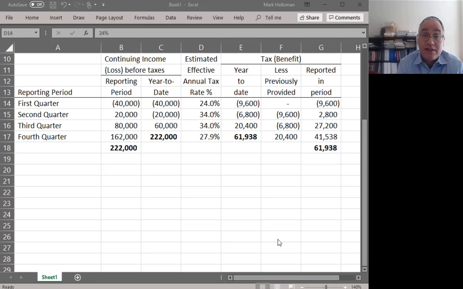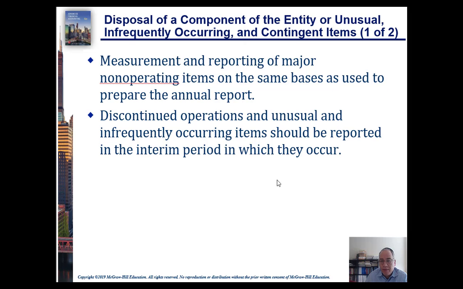And if you look at companies' tax provisions during 2017, you'll see that the fourth period tax provisions are way, way off from everything else the company did because they need to record the entire effect of it in the fourth period. Major non-operating items, infrequently occurring items, contingent items, things like that, usually happen all at once, and so they would need to be recorded in the period when they happen.